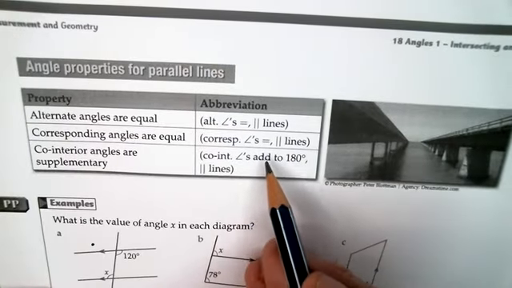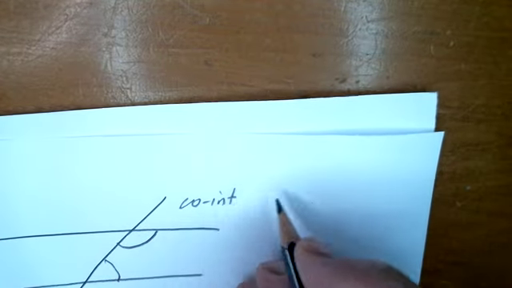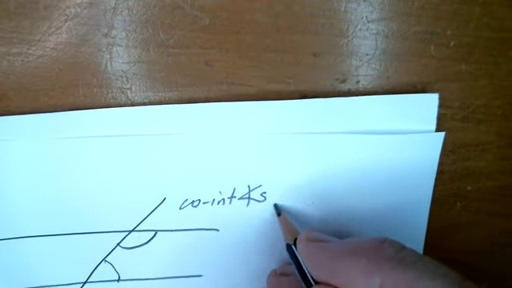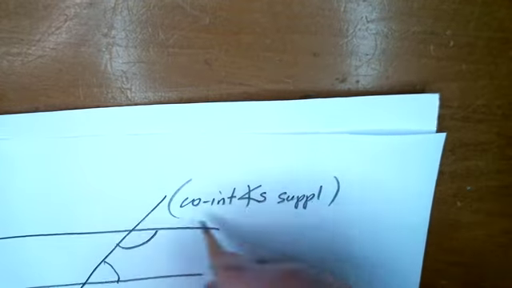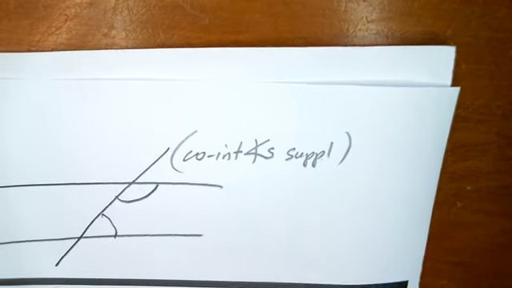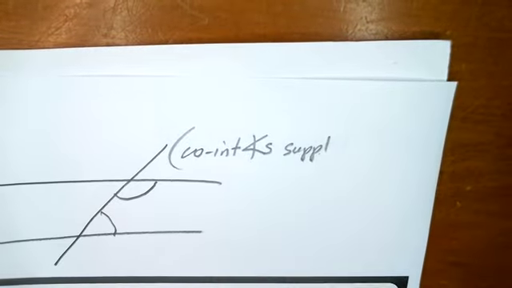So you could say, if you were going for this, you could say co-interior angles add to 180, or you could say co-interior angles, and you could just go supplementary. That would be good. Oh, wait, you must say parallel lines. If you don't say parallel lines, you're out of luck.